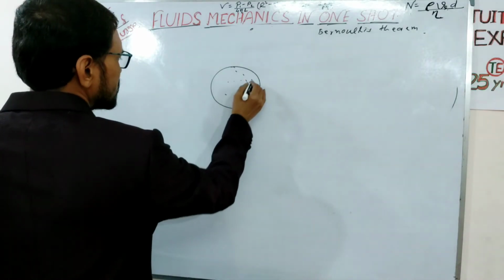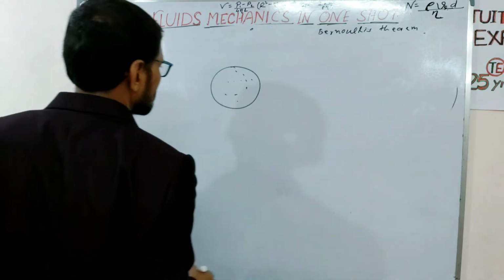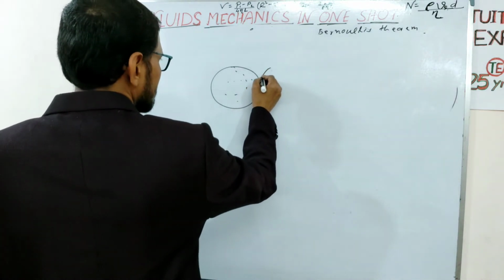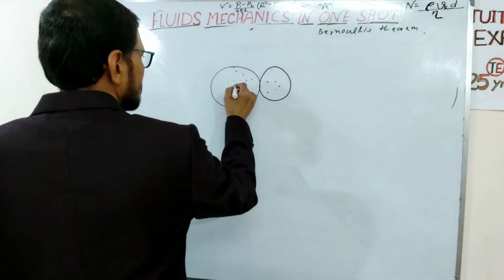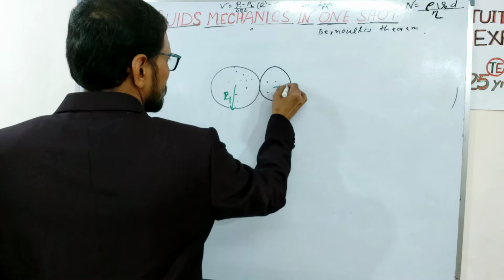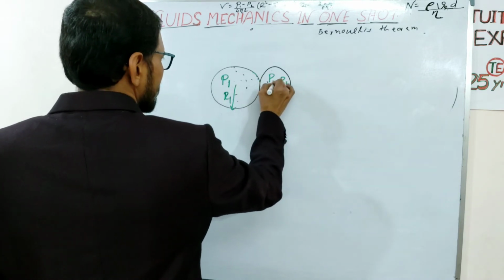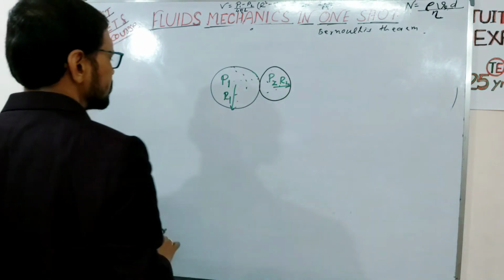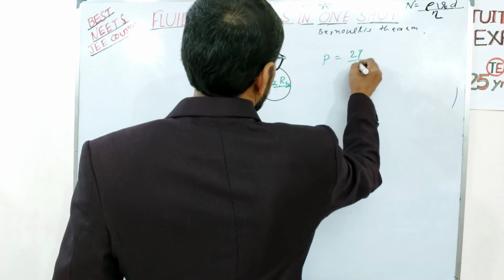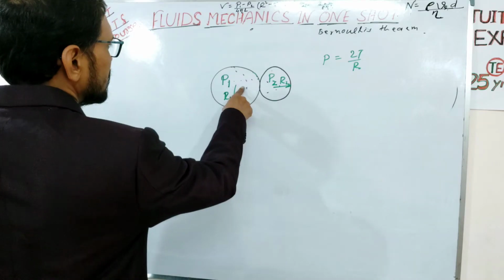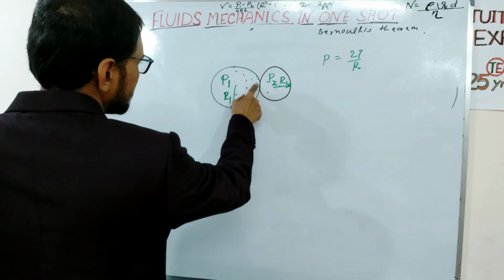Two liquid surfaces are joined. Here two liquid drops of different radius are attached at a point.